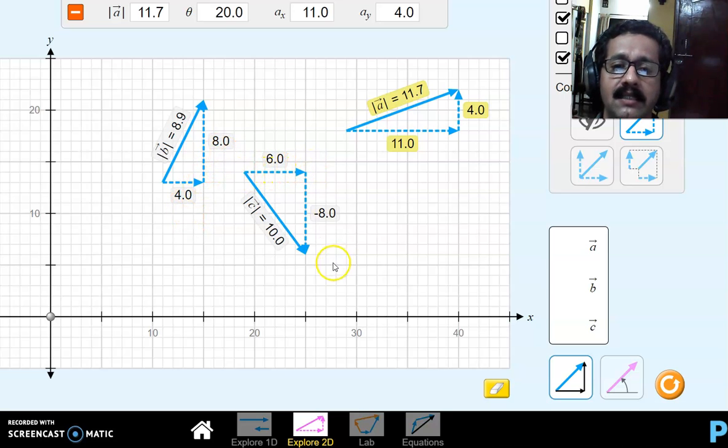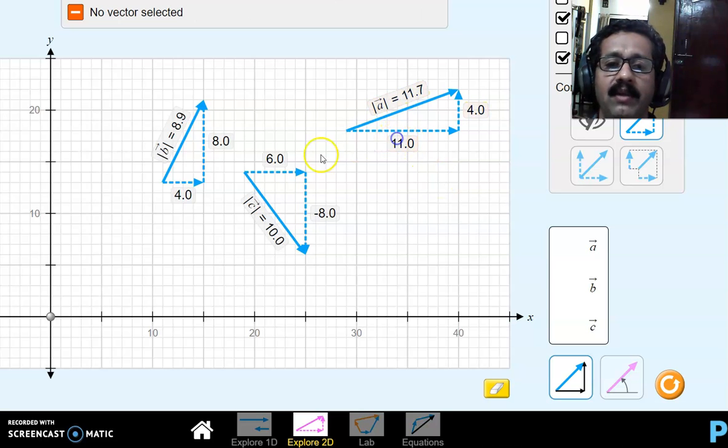So if I add all your x components together, you will find that it comes to 11 plus 4 plus 6, which has to turn out to 21. So the resultant, the addition of all these three, has to be 21i, or 21 along x-axis.